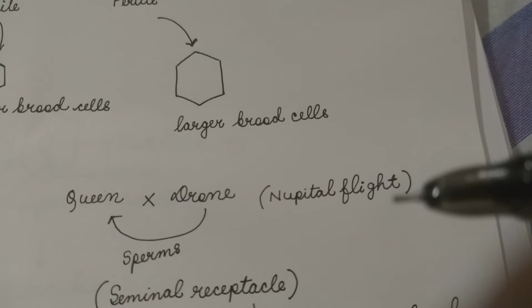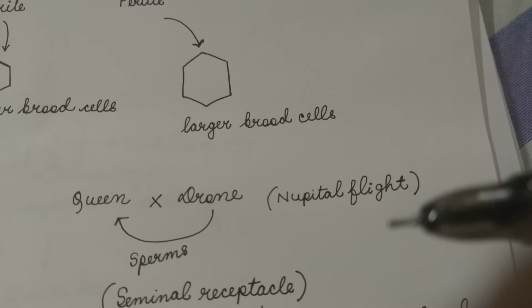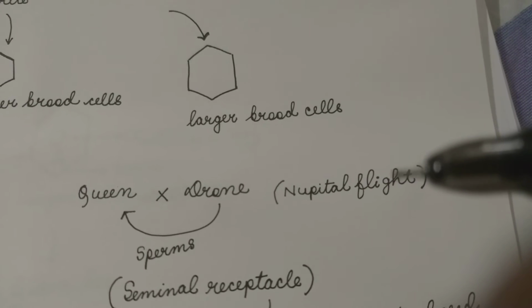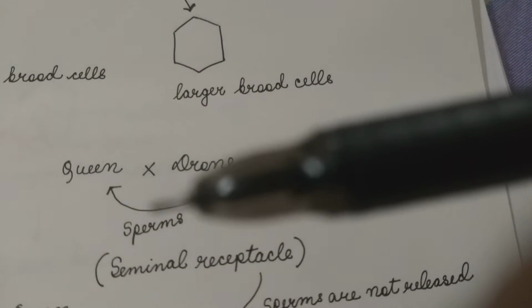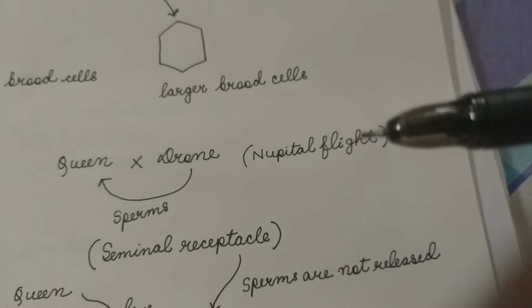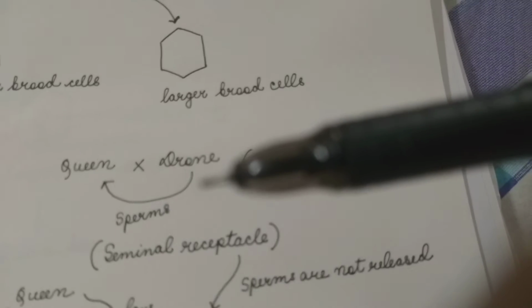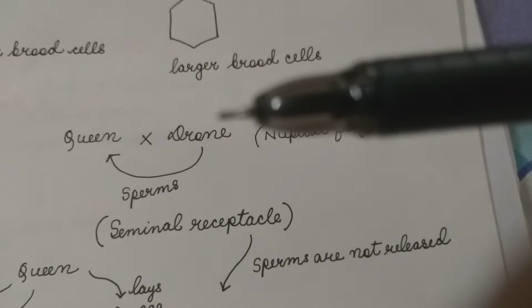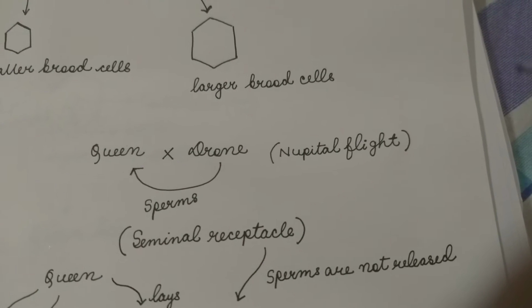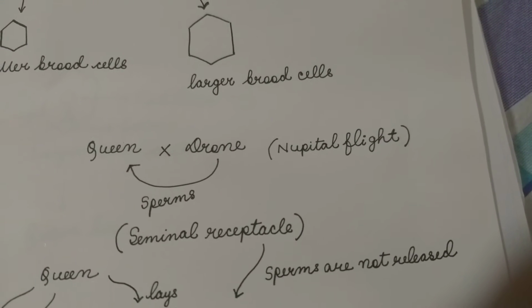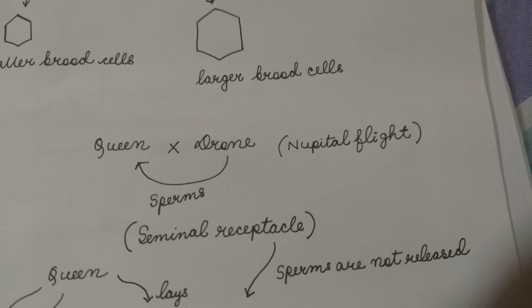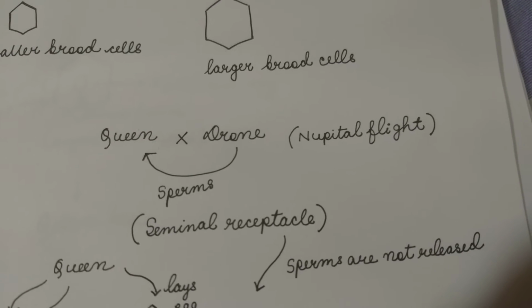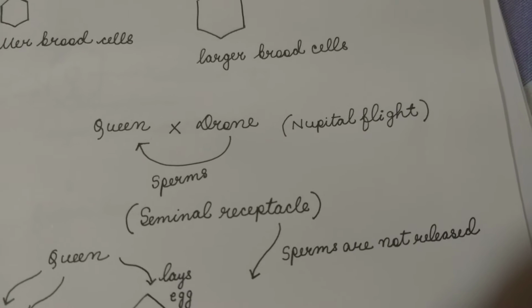Nuptial flight means the queen leaves the beehive accompanied by thousands of worker bees so that she is protected, and she flies high up in the sky where the drones approach the queen for insemination. This is called nuptial flight.